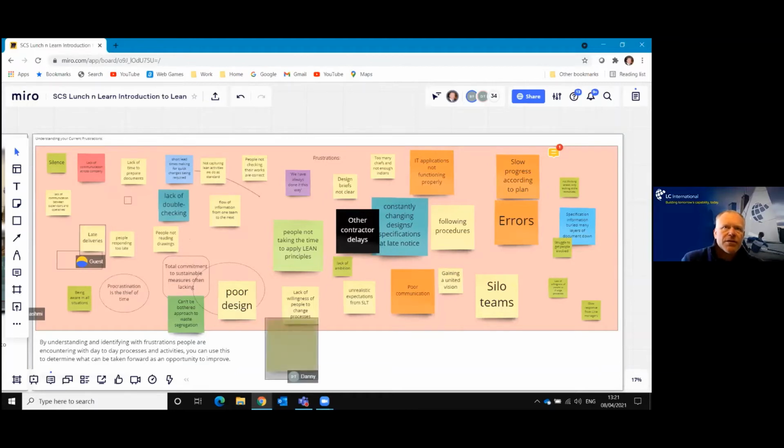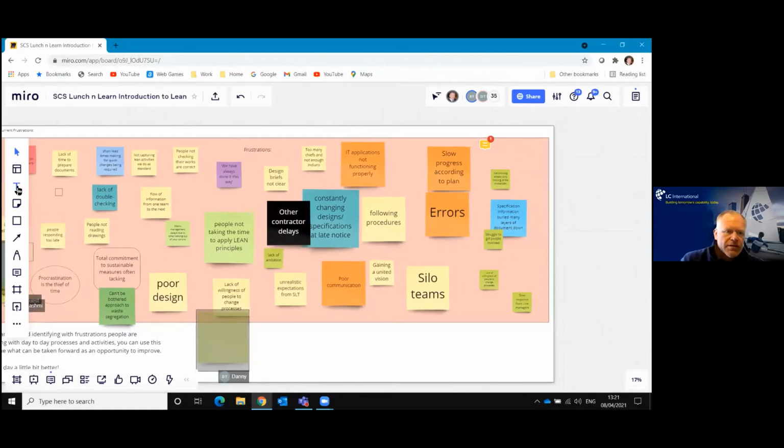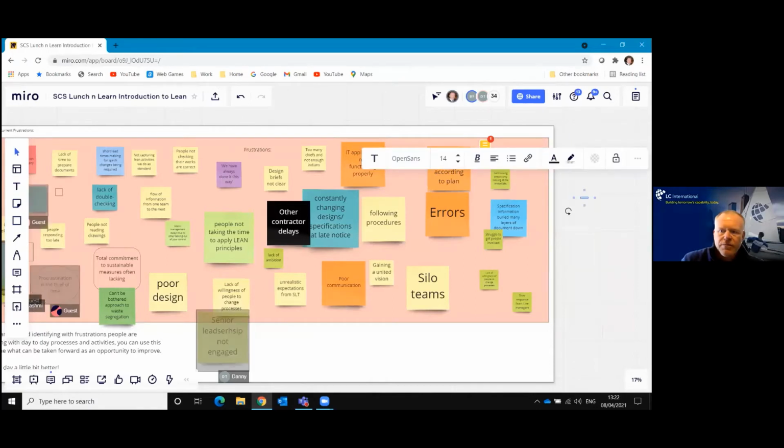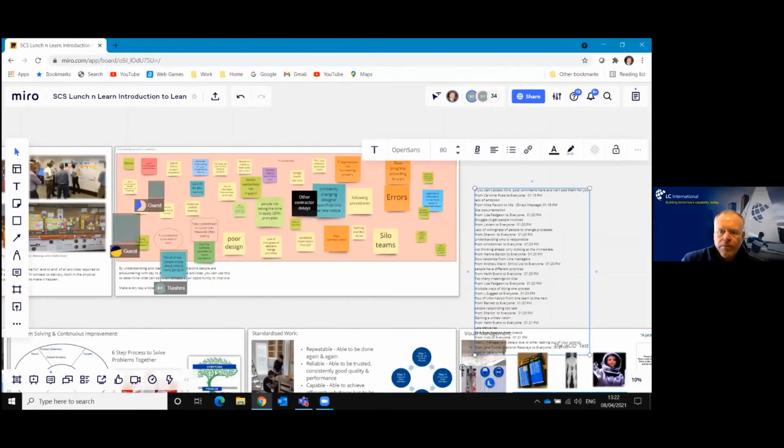Okay, so please feel free to keep adding them on there, and I do apologise for not adding them straight away. So I'm just going to add them as text at the side here so I don't lose them. Perfect.